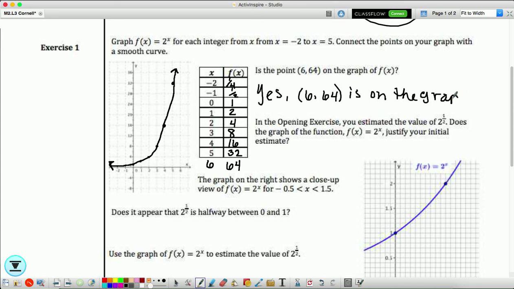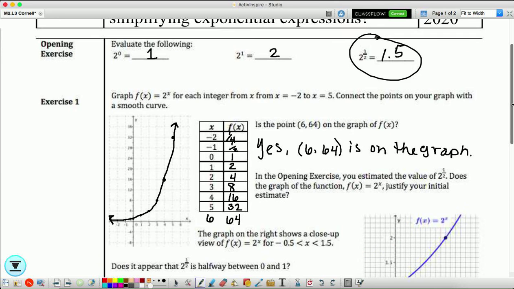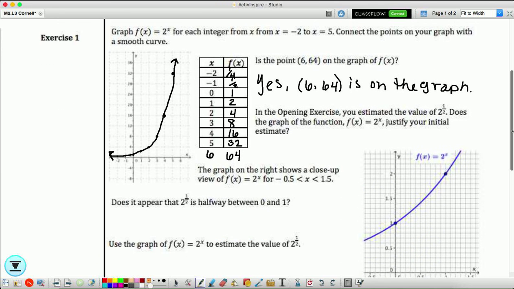Even though my graph technically didn't go that high, we can infer that it's going to go up to that point. In the opening exercise, we estimated the value of 2 to the 1/2 power, assuming that maybe it was around 1.5.